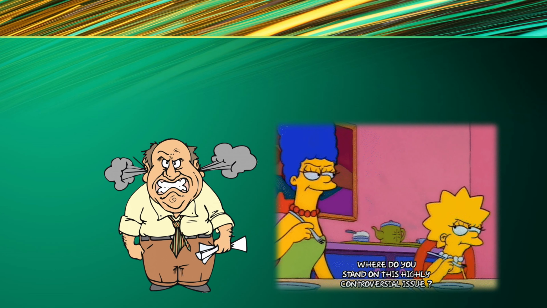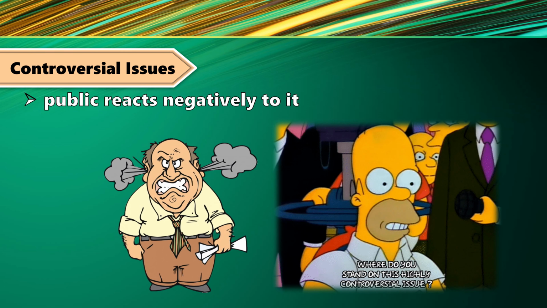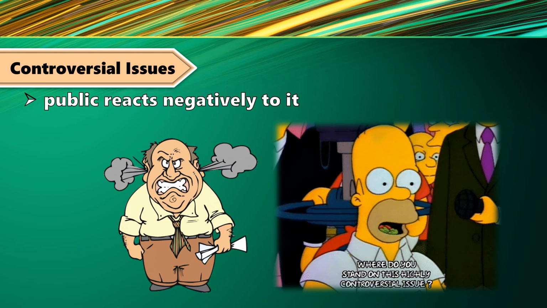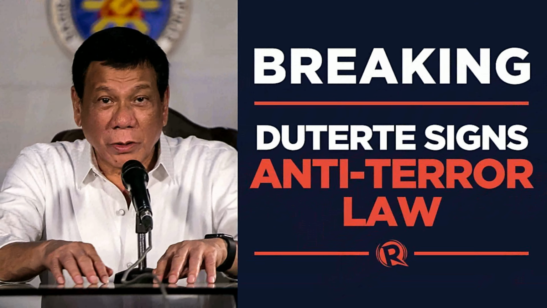Next is controversial issues. Current events become controversial when the public reacts negatively to them. An example of a controversial issue is the anti-terror bill, which has now become a law.